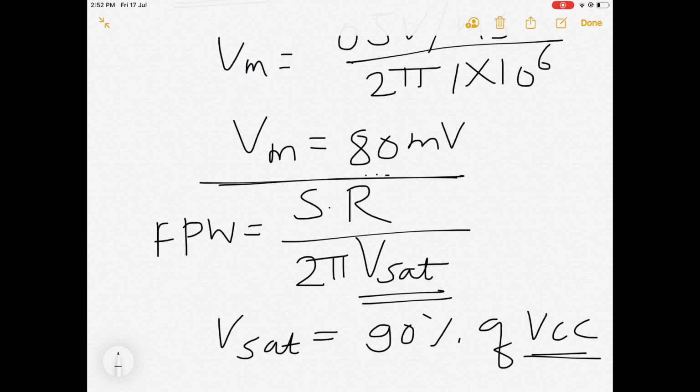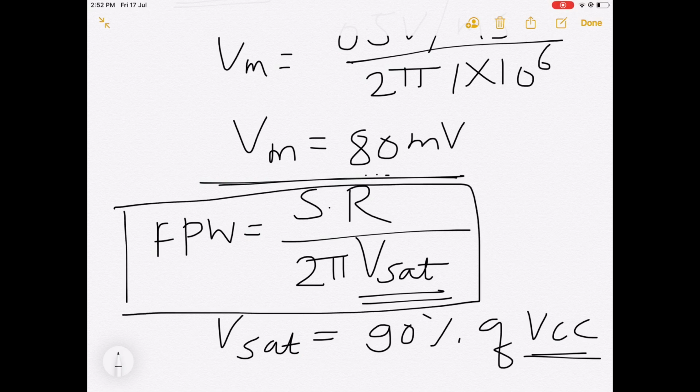So full power bandwidth is denoted by slew rate upon 2 pi Vsat, where Vsat is the maximum voltage. This is the concept of slew rate, which is a limiting factor of the op amp, and it is always given in the data sheet of the op amp.